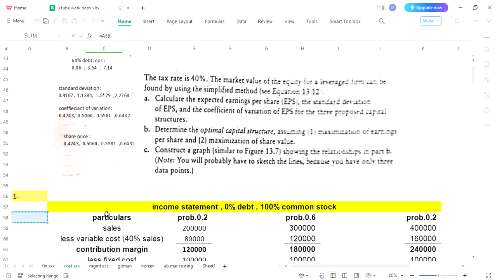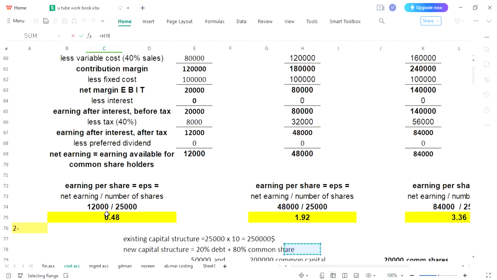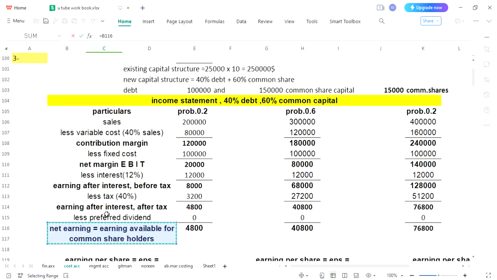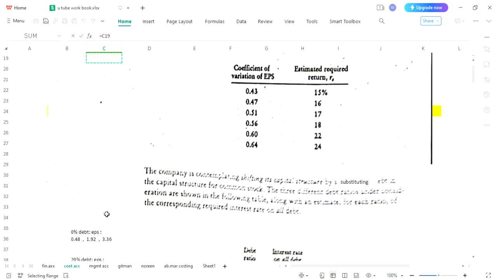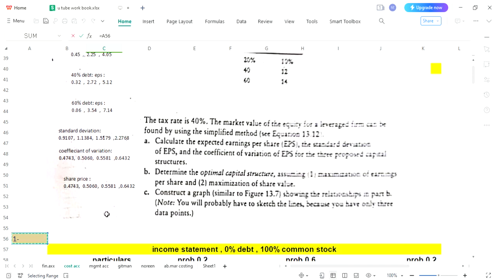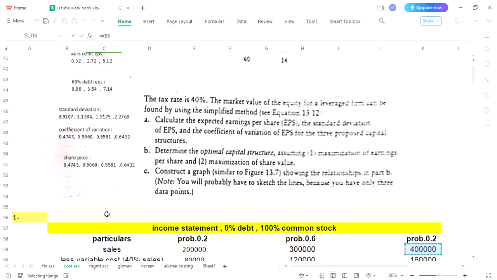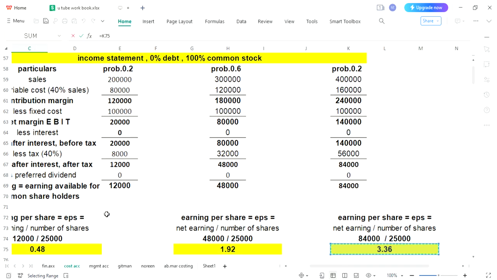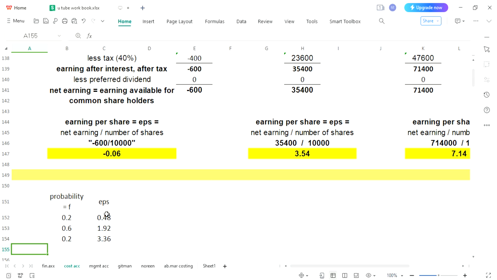This is your first part and 60% probability is present over here of its EPS 1.92. Put it over here. Again, go to your first part. Look, this was your first part and probability 20% was calculated over here, and your EPS is 3.36. So in this way our statement has been completed.